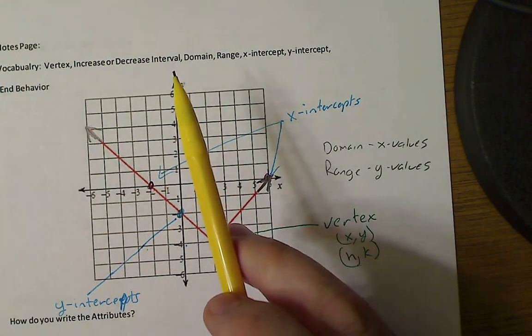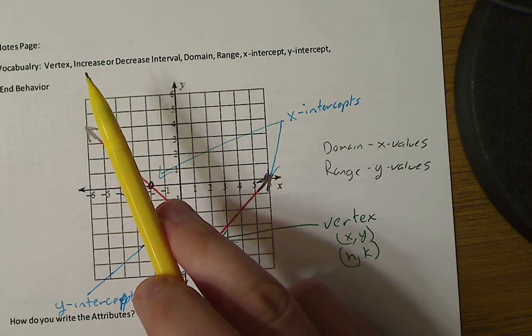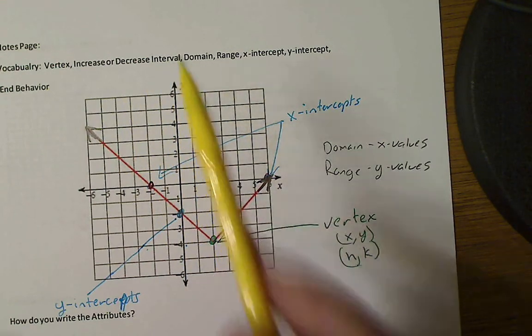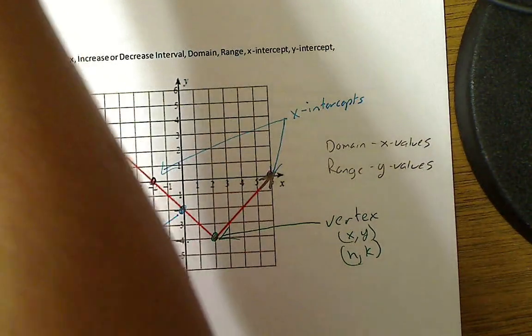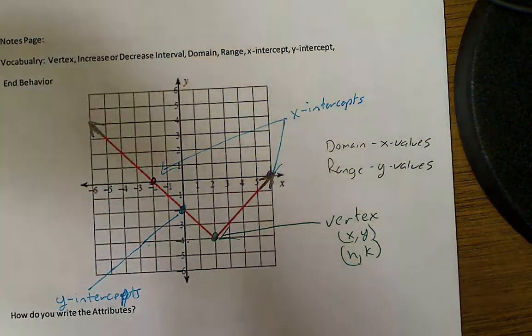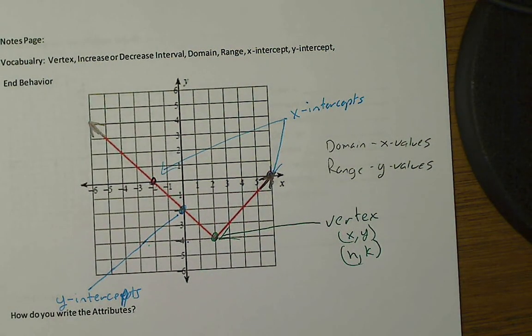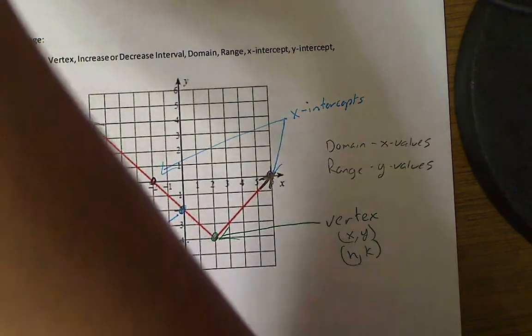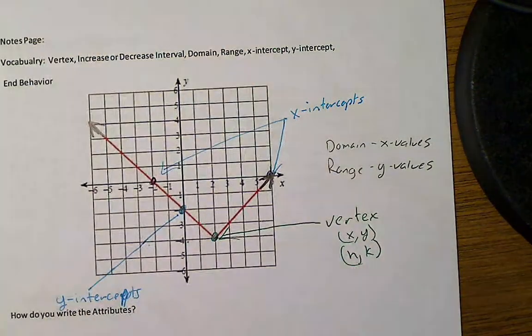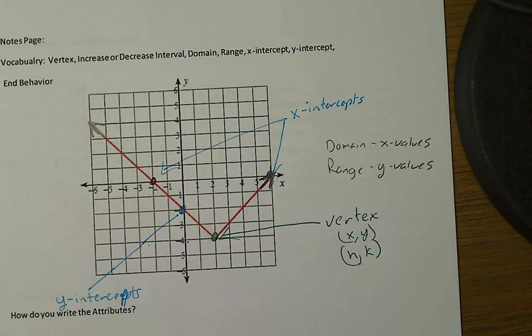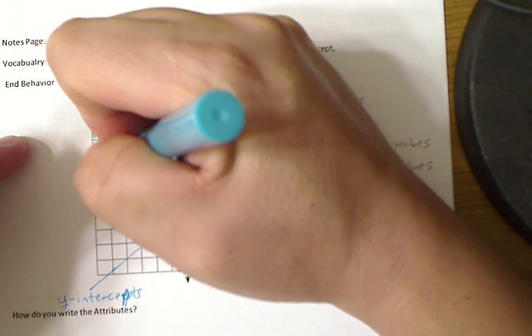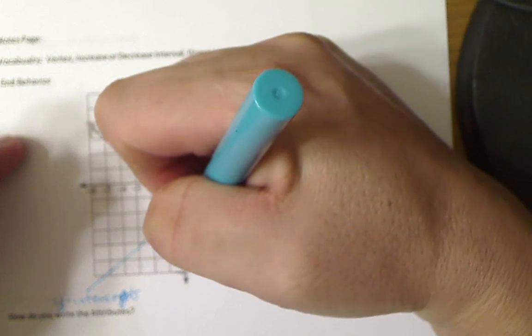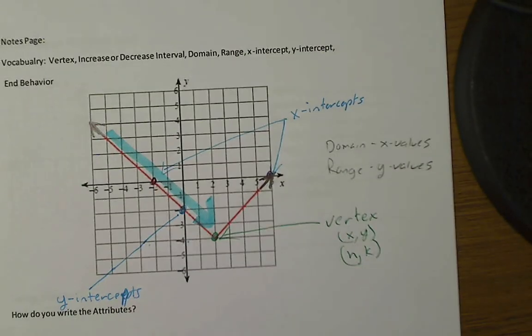So then the new vocabulary, increasing and decreasing intervals. Okay. So the best way to explain what these two items do is for me to actually draw it and show you what it does. And I can't find a different color highlighter that I want. But anyway. So your decreasing interval is going to basically go down, and it's going to decrease in y value.